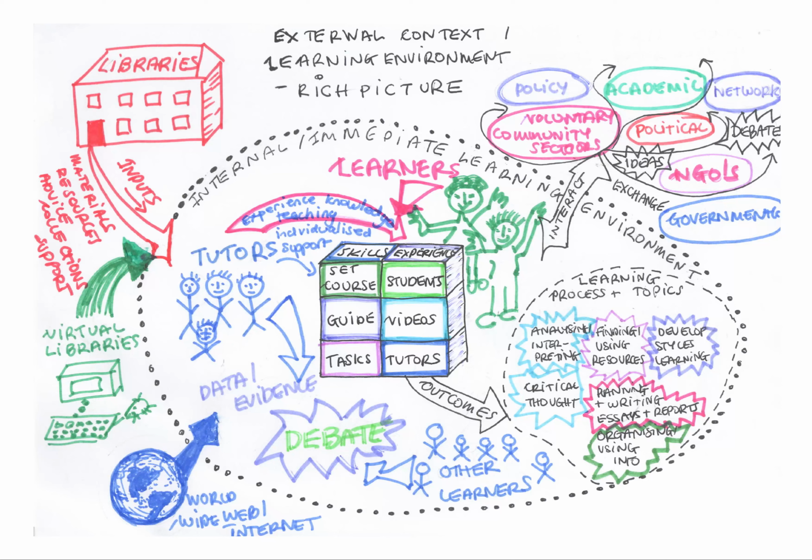So you've got the learner inside the immediate learning environment, interacting with the course, with other students, utilizing the knowledge of tutors, practicing and utilizing techniques, using libraries. The inputs come from the libraries, whether those are virtual or physical. You've also got things like the World Wide Web and digital virtual groups.